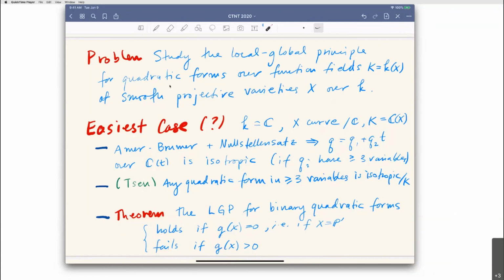Since we're over the complex numbers, or an algebraically closed field, being genus 0 means that X is P1. But this dichotomy is again one of these very classical, important dichotomies in arithmetic geometry when you're talking about the theory of curves, where genus 0 and higher genus have very different behaviors.